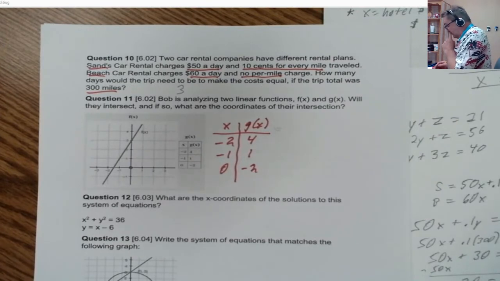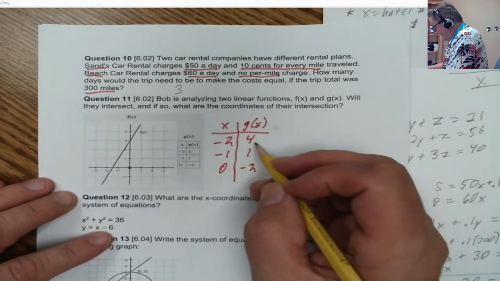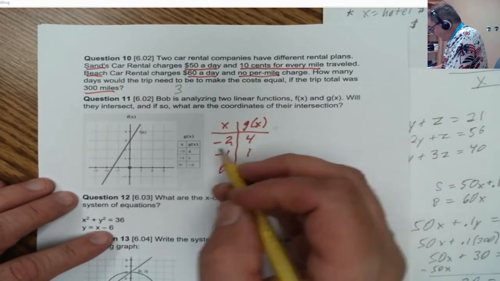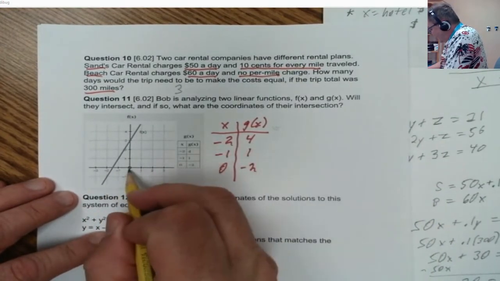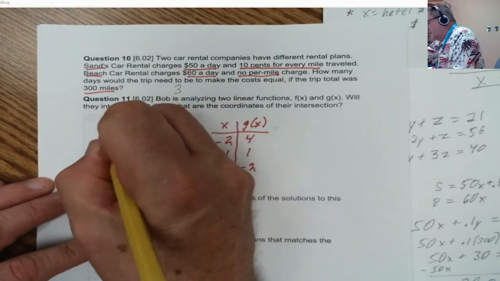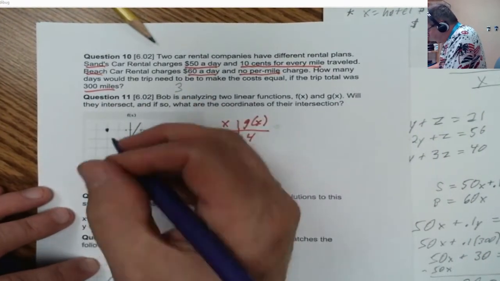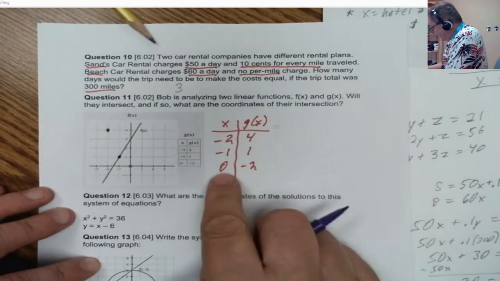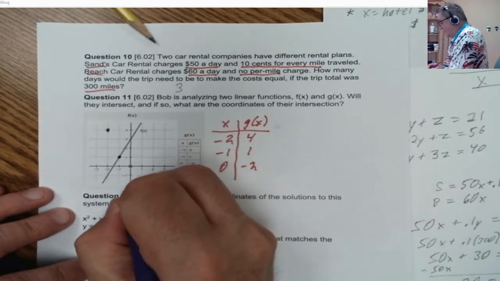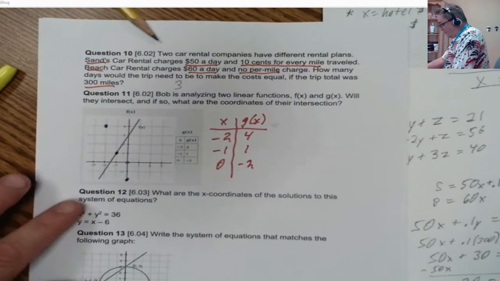Very good question. So let's see. Just looking at the table, if we graph that, -2, 4 is right here. Let me get a different color here. -1, 1, oh, look right there. And 0, -2 would be right here. If we graph that, we don't have to draw the line.